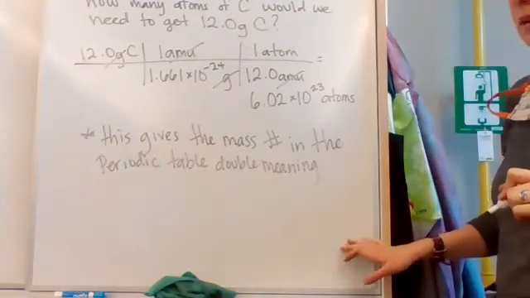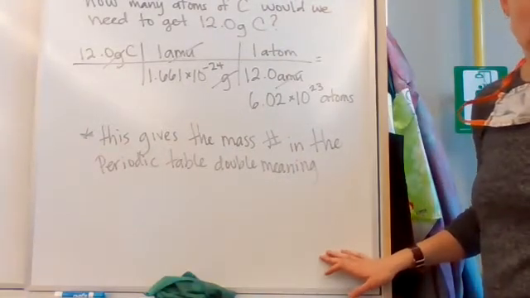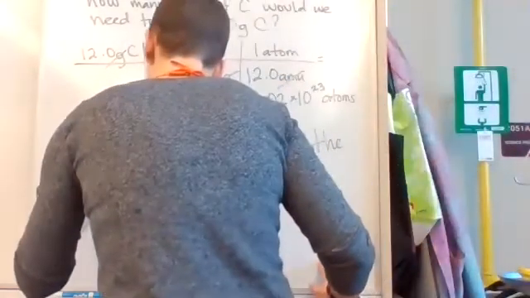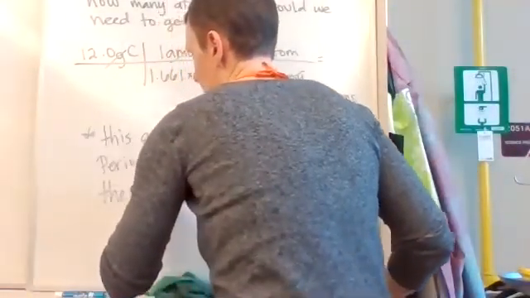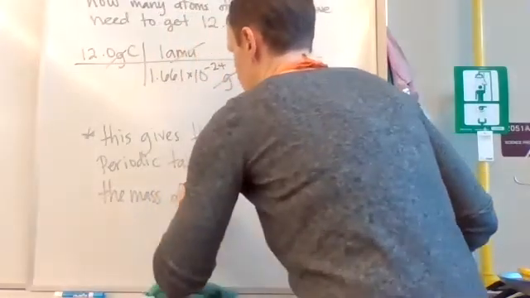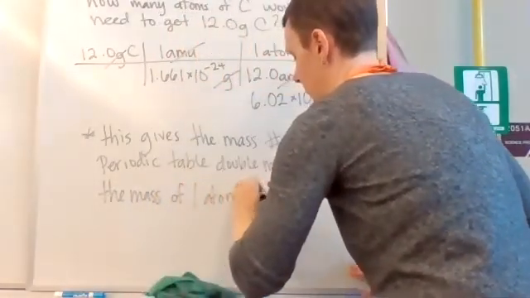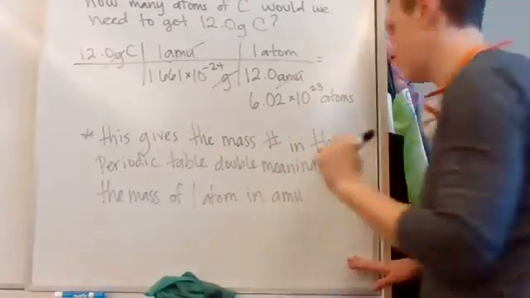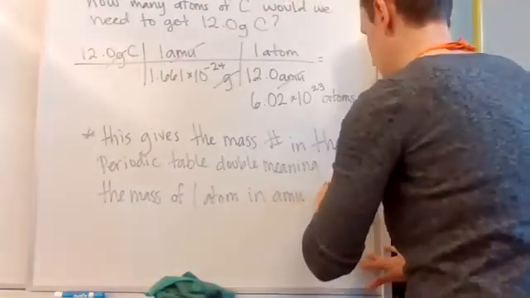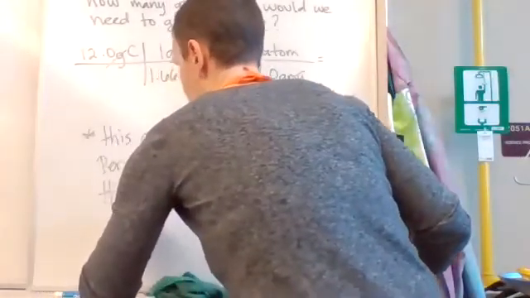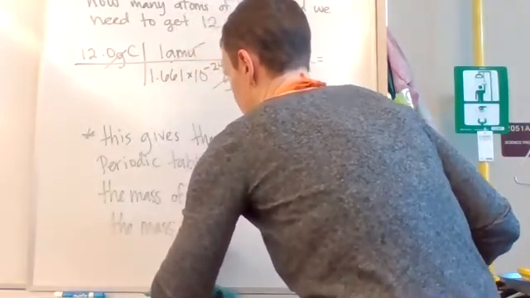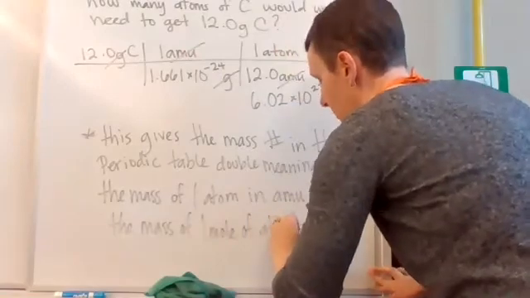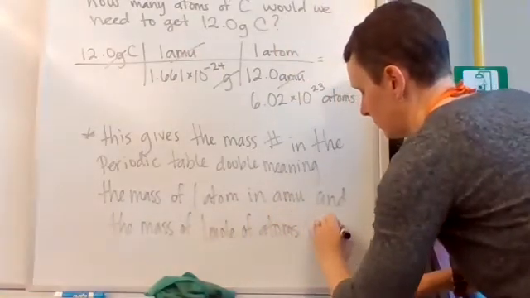This gives the mass number in the periodic table double meaning. The mass of one atom in AMUs, and the mass of one mole of atoms in grams.